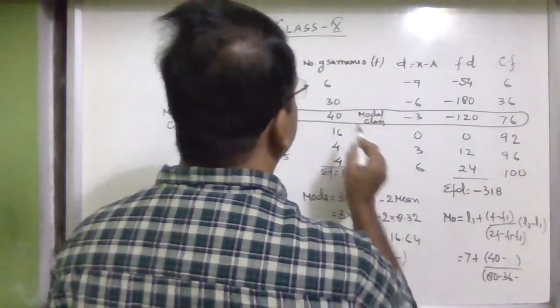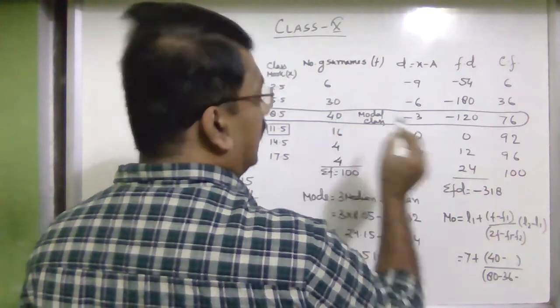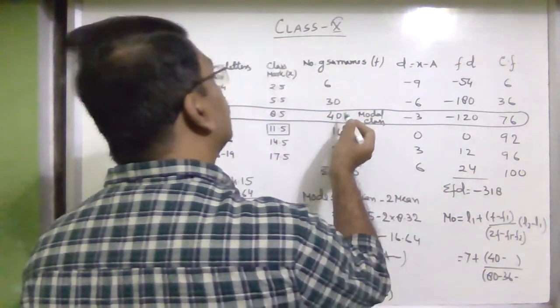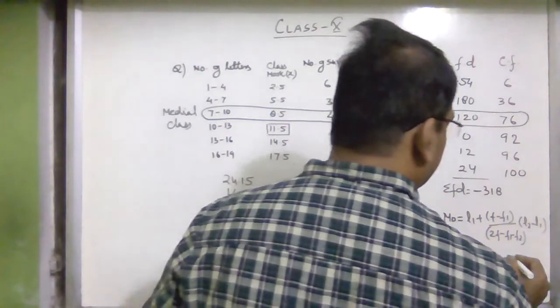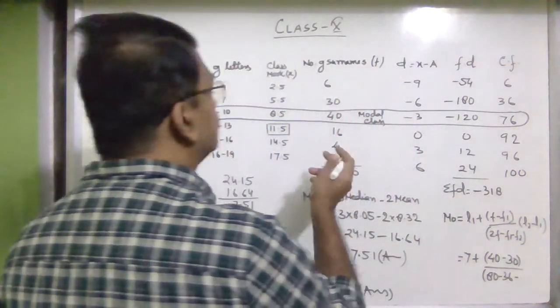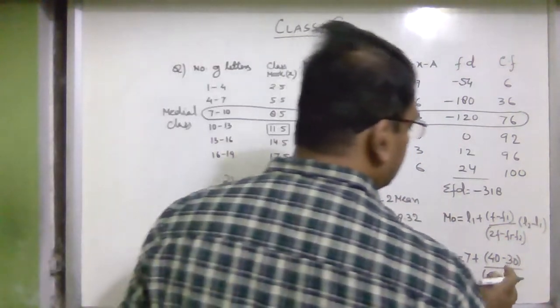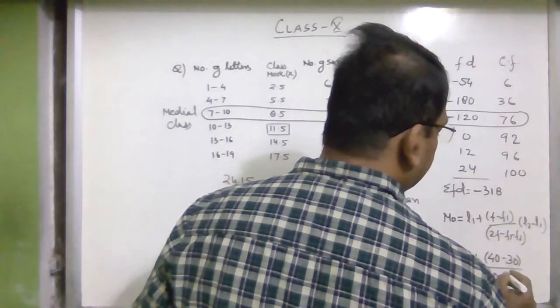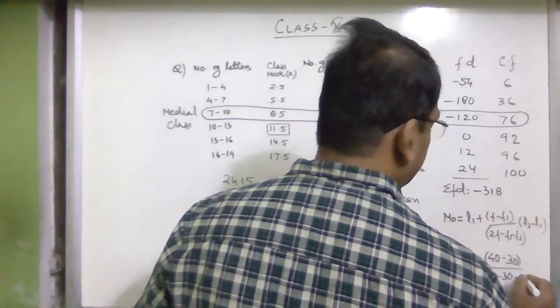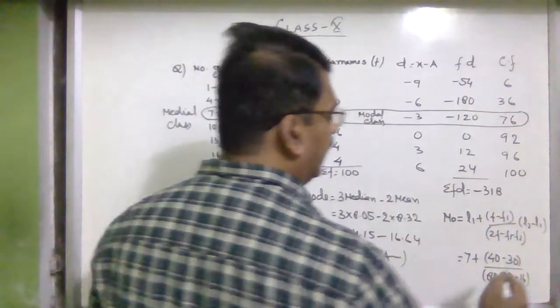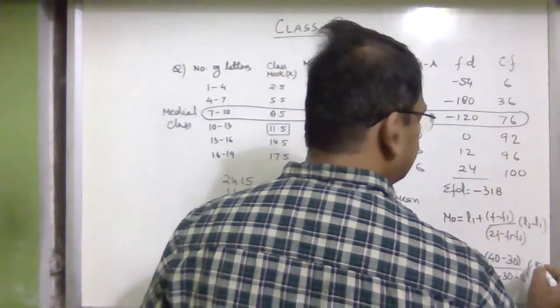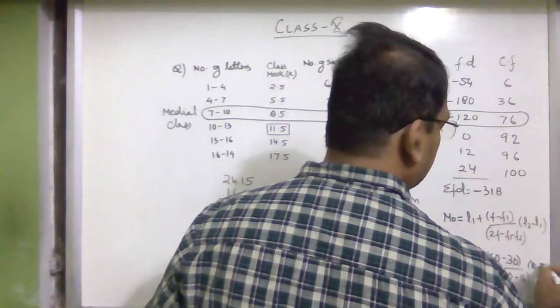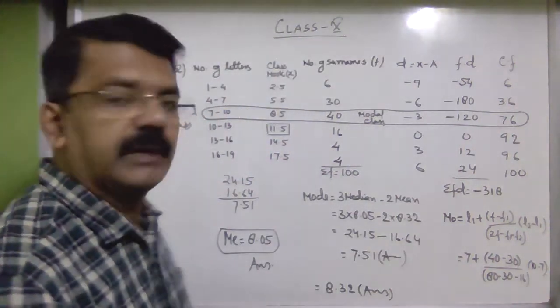F is the frequency of the modal class, F1 is the frequency of the pre-modal class, which is 30, and F2 is the frequency of the post-modal class, 16. And L2 minus L1 is 10 minus 7.